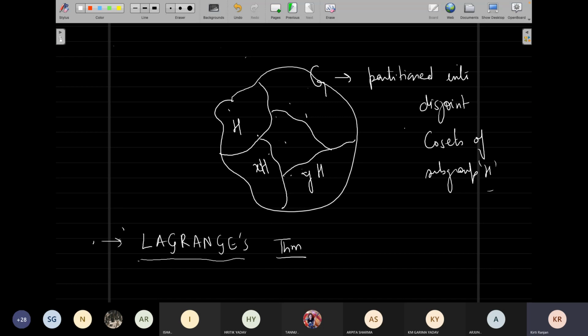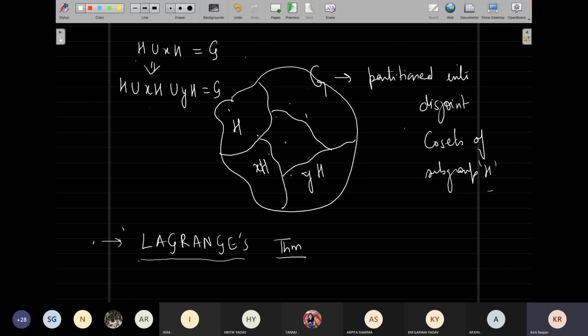If, let's say, H union XH gives the group, then it is surely true that there does not exist any Y which will be out of H or XH. But if it is not true, then you can continue to do this: union YH, and that may give the group.